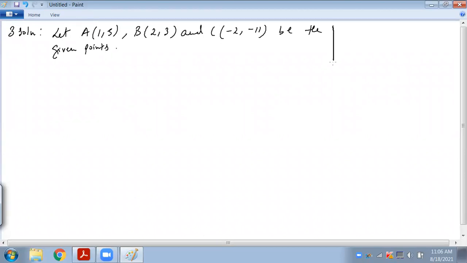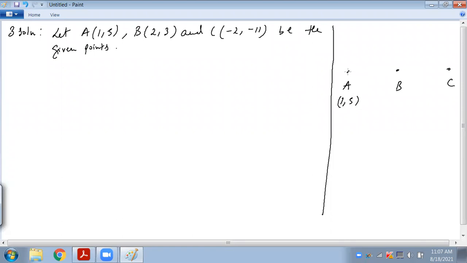Okay, now we have to show that A, B, C are collinear. We have to find and tell whether they are collinear or not. Now they will be collinear if they lie on the same straight line. So we have to see whether they lie on the same straight line or not. And how to tell that?